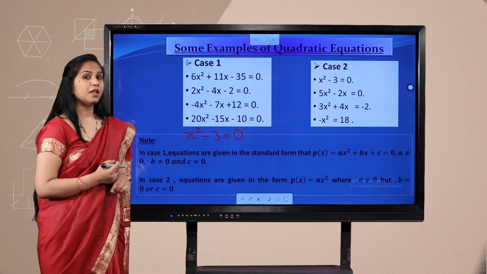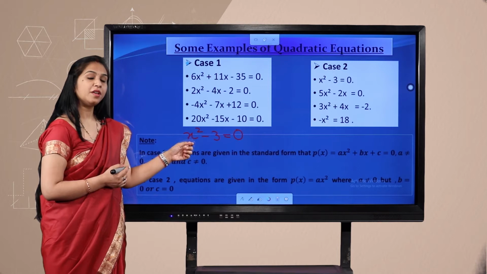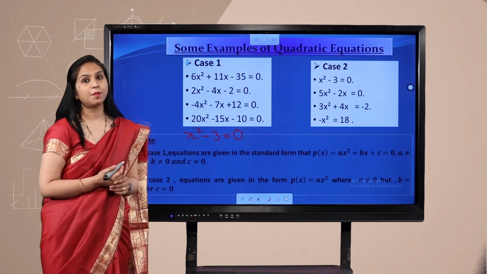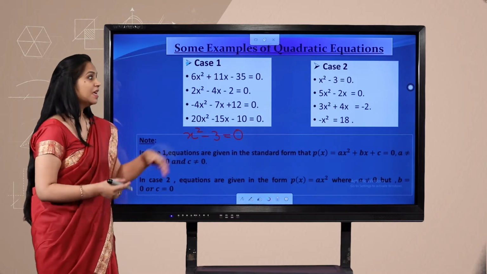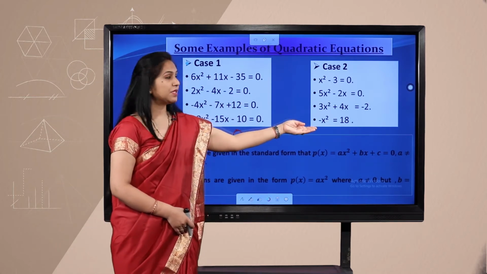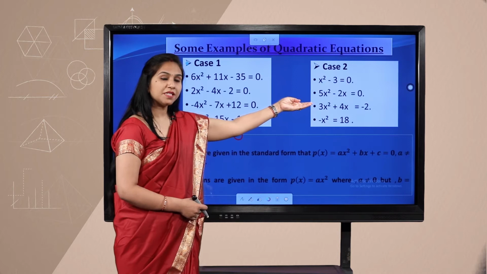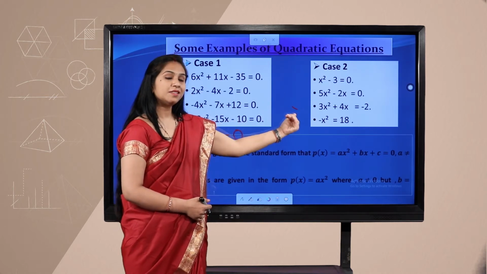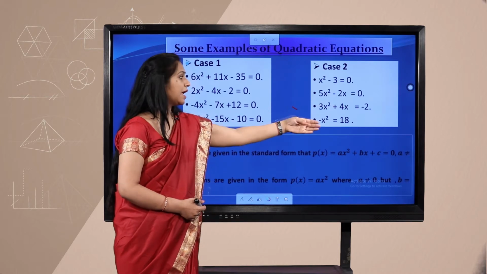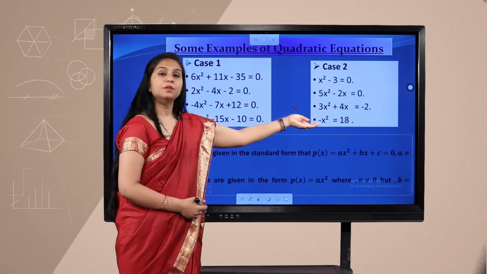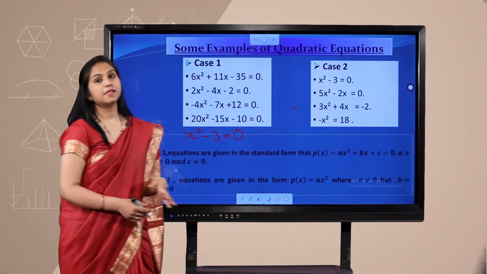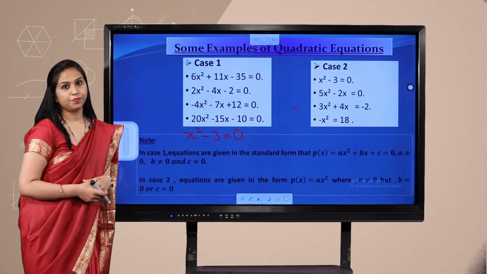But since the degree of the variable is 2, this is considered an example of a quadratic equation. Similarly, in the other examples also, the constant term is missing. Here in this example, the constant term is written on the right hand side, and in the last example the middle term is missing, but still they all are examples of quadratic equations.